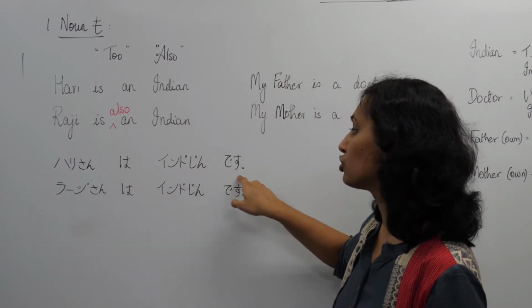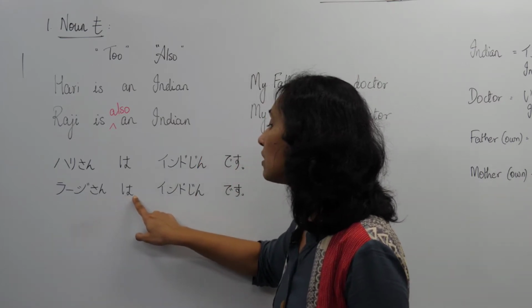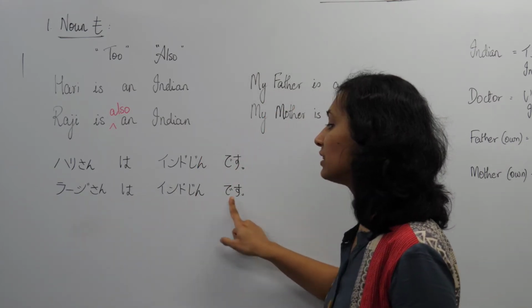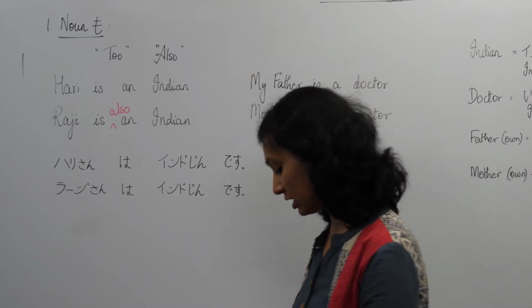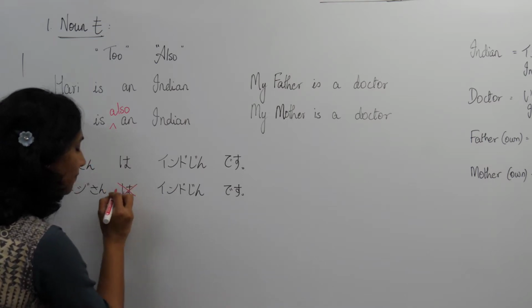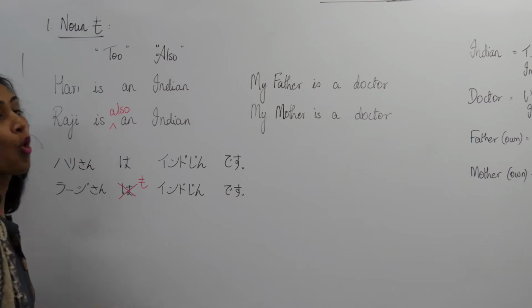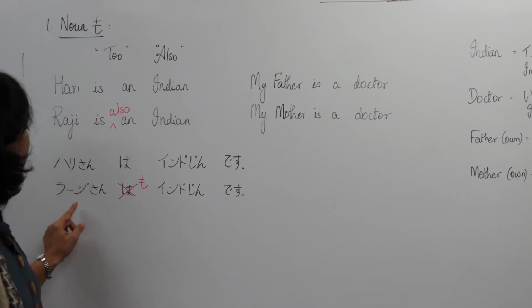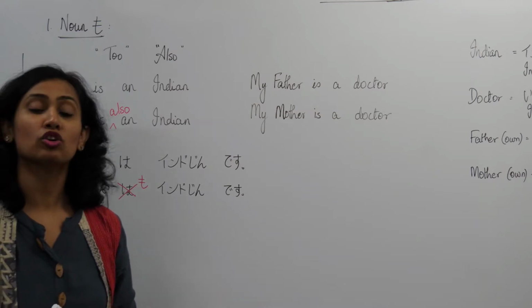Hari-san wa Indojin desu. Raji-san wa Indojin desu. In this, there will be a change. And what is the change? Instead of this particle wa, we would be writing the particle mo. Raji-san mo Indojin desu, which means also.